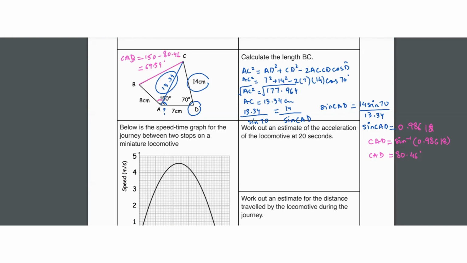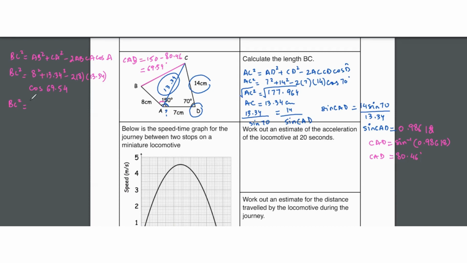So I'm just going to do it over here. BC square equals AB square plus CA square minus 2 times AB times CA cos of angle A. So plug in the values. That's going to be 8 square plus 13.34 square minus 2 times 8 times 13.34 times cos of 69.54, and that's going to give us 167.35.